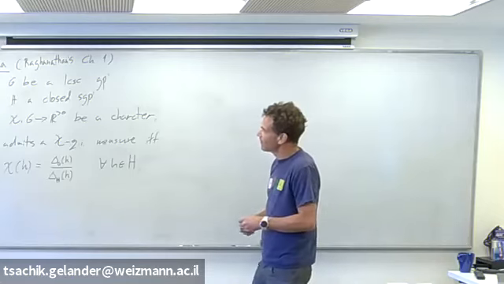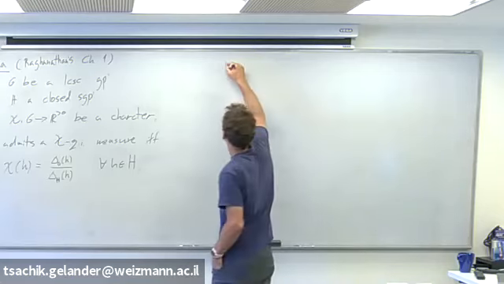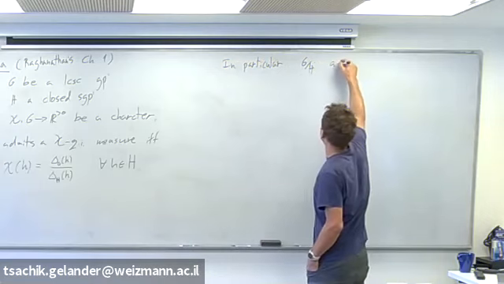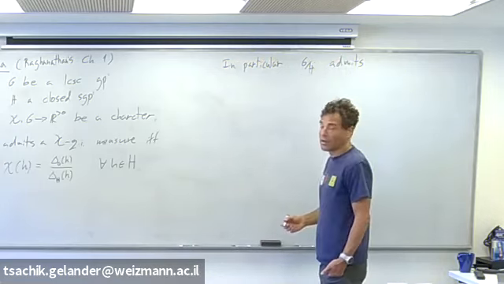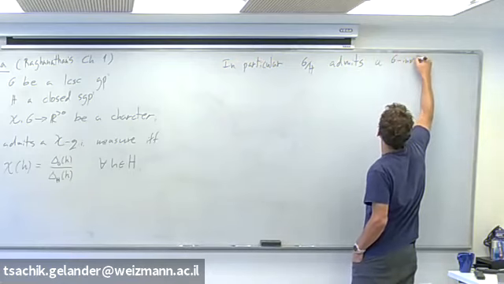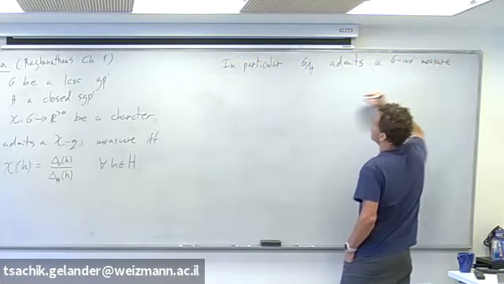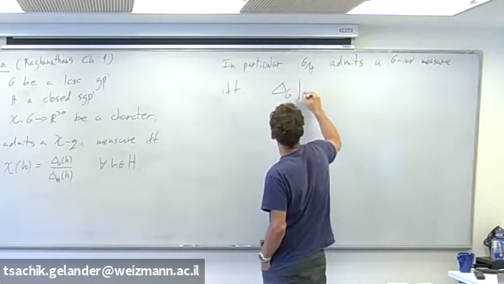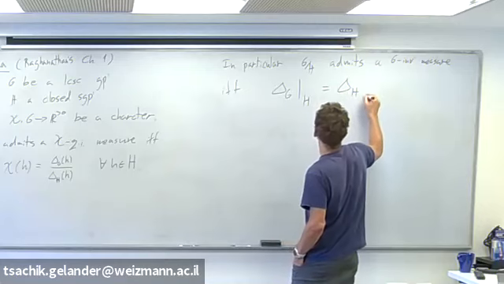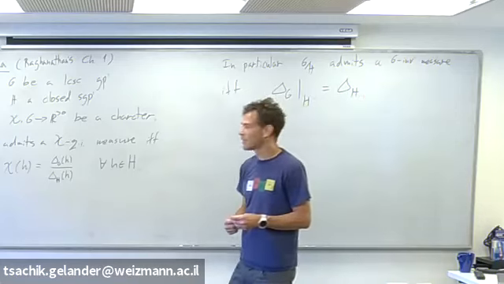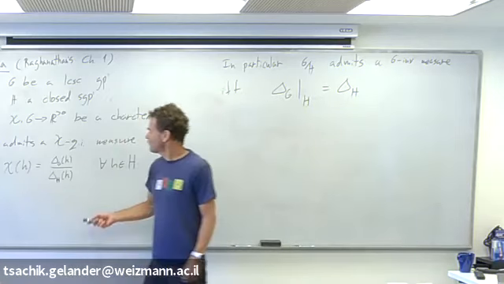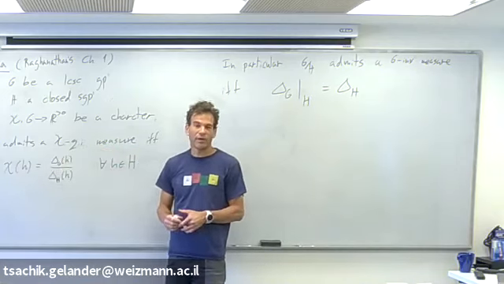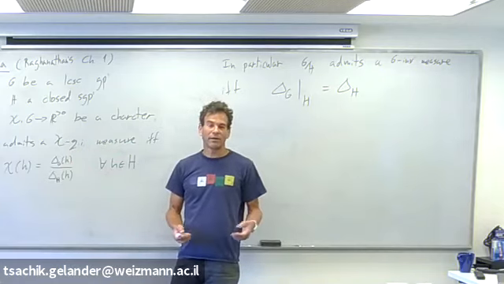And in particular, the homogeneous space G mod H admits a G-invariant measure if and only if the modular character of G, restricted to H, equals the modular character of H. So sometimes you have groups where this character does not extend, so the homogeneous space will not admit one. But sometimes you see immediately that the character extends.